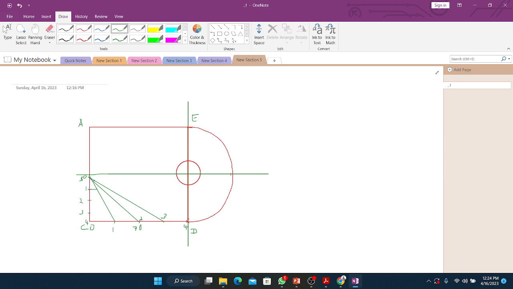Then this line is going to 2, so draw a horizontal line through 2. In this way, 2 to 2, 3 to 3. These are the points of our parabola. Then we connect those points using a flexible ruler, or manually if you can.